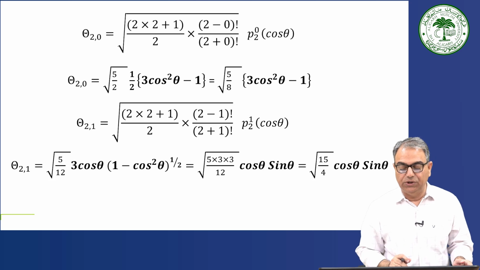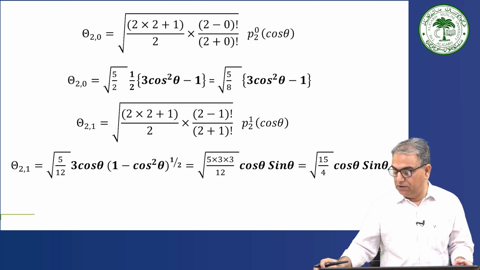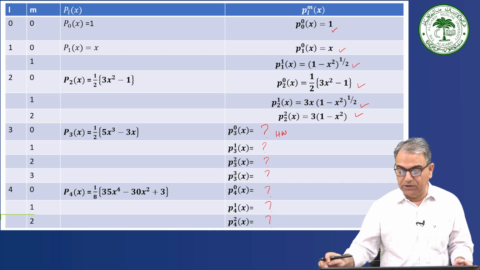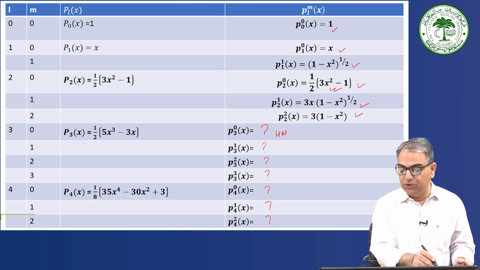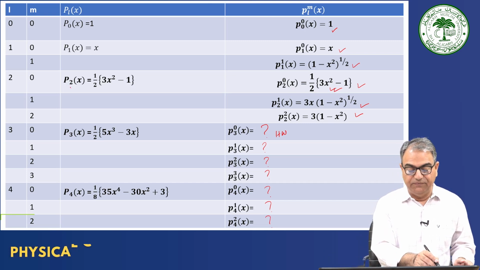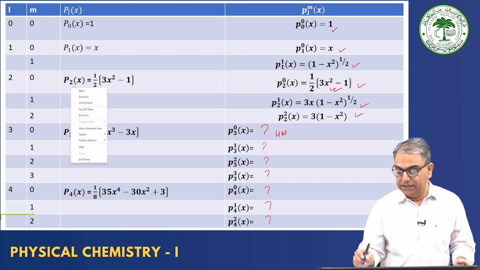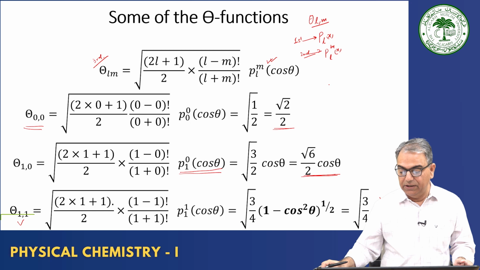Again for theta 2 0, what is theta 2 0? If you go to the table, P 2 0 we have found is 1 by 2 into 3x square minus 1. Okay, so we will use this one, and where did we get it from? We got it from this one, P2x. So first thing is finding out the PLX, then second thing is finding out the P20, and then going for the theta solution.